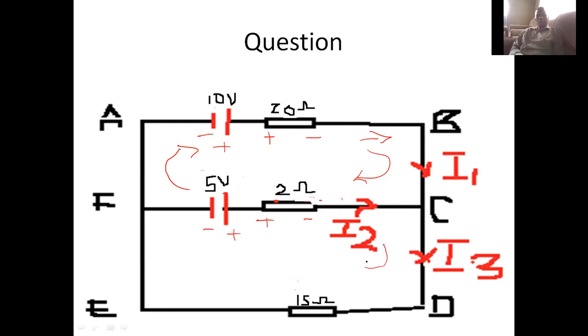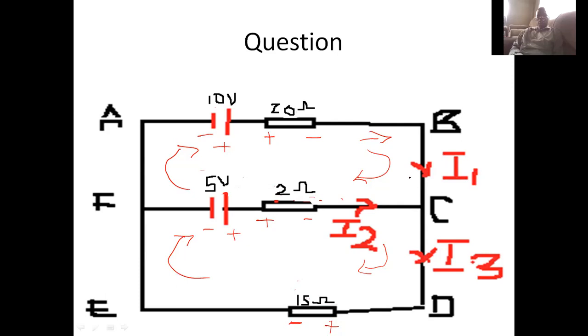And for this other loop, the current here will be positive, and this will be negative. Okay, and so now we can merely apply the junction rule as well as the loop rule.